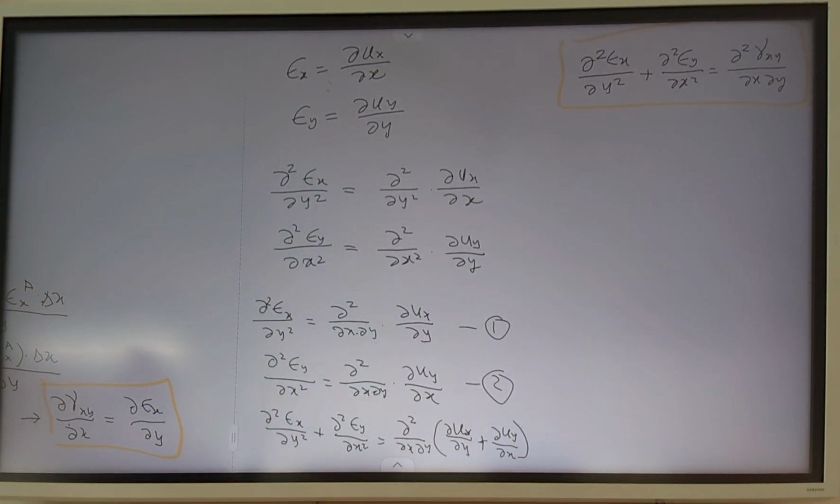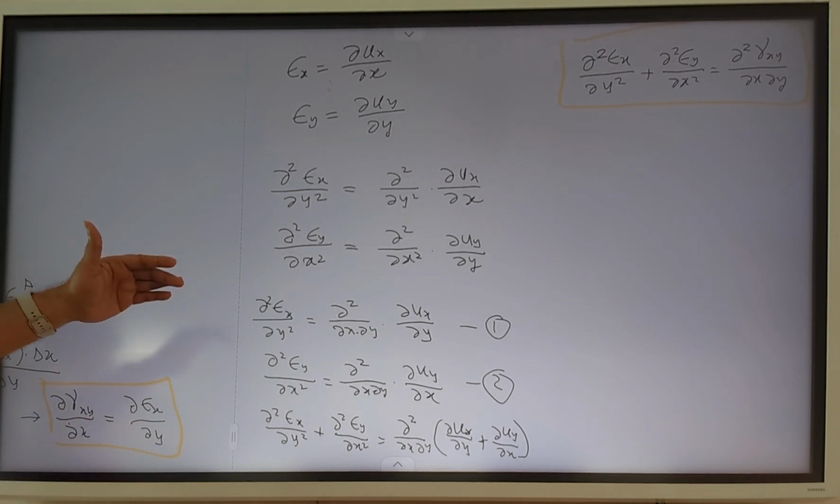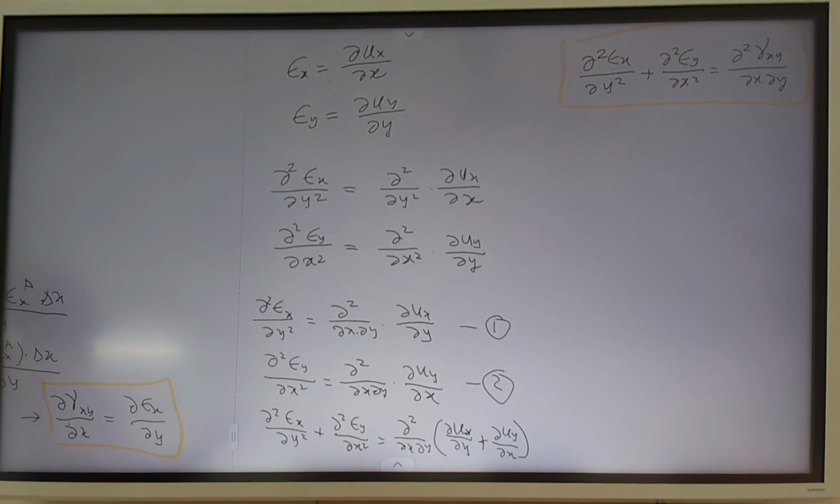Through this equation, it shows that there is a fixed relationship between variation in epsilon x and variation in epsilon y with respect to variation in gamma xy. So if at this point there is some variation in epsilon x, there cannot be any arbitrary variation in gamma xy.